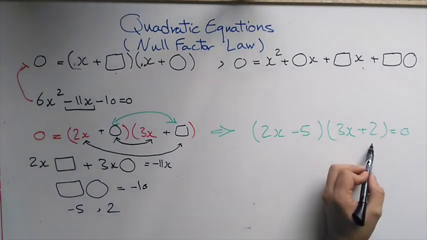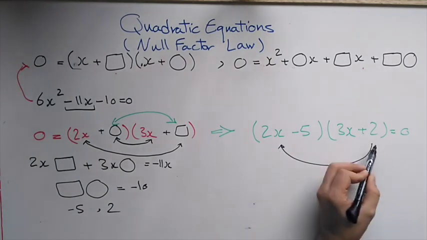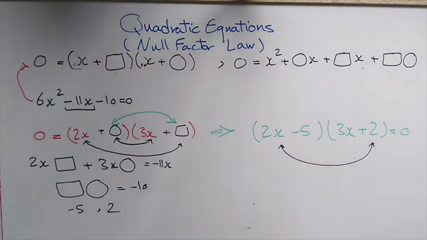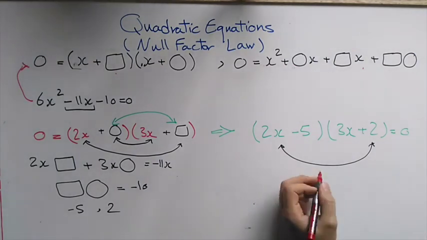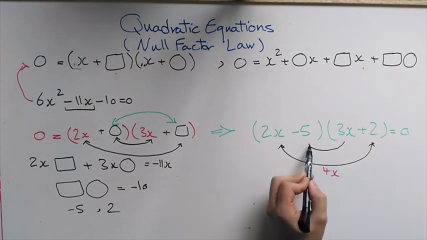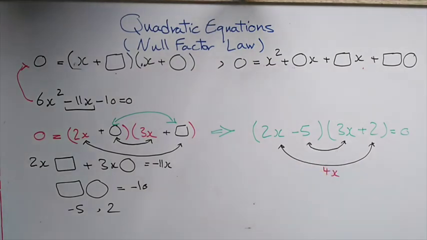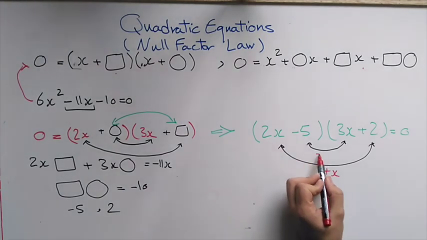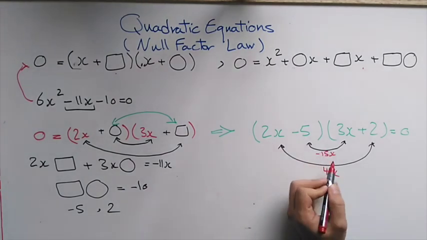Now I multiply the two far ones, and what I get is positive 4x, and then I multiply the two close ones, I'll get negative 15x.